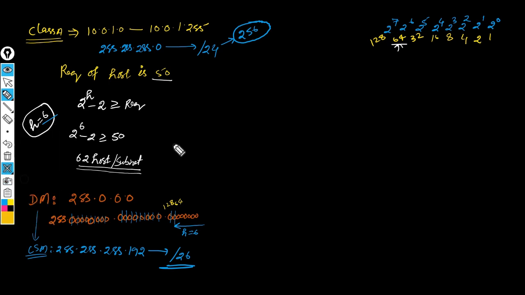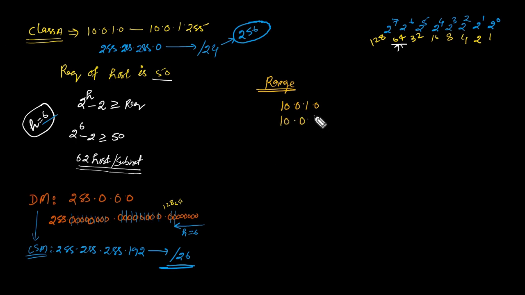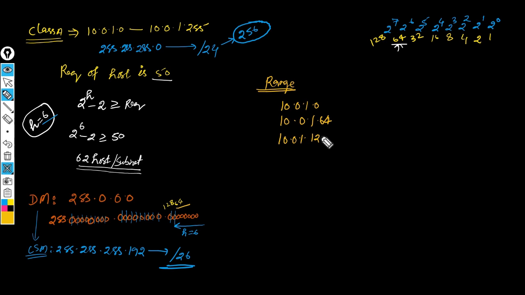After this, last but not the least, you have to write down the ranges. Write down 10.0.1.0, the first one. Now go for the next: 10.0.1 dot, in the last octet the change is going on and the least value is 64, so you keep 10.0.1.64. Then 10.0.1.128, then 10.0.1.192. Next would be 10.0.1.256, correct?